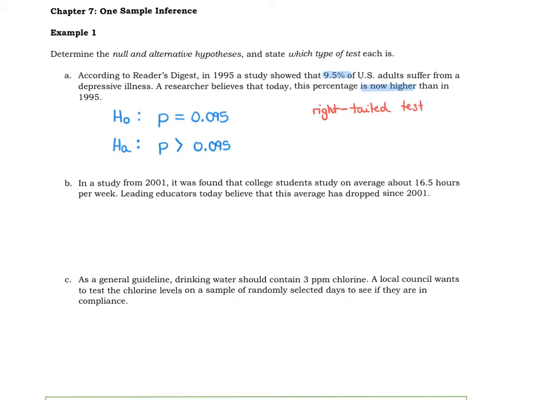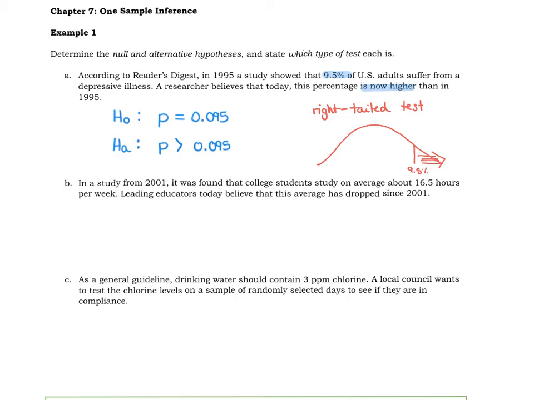If you think about your normal curve, and say that right here is where the 9.5% is, we think the percentage is now higher, and so we are going to test in this right tail. Hopefully that makes sense from a visual standpoint, okay?